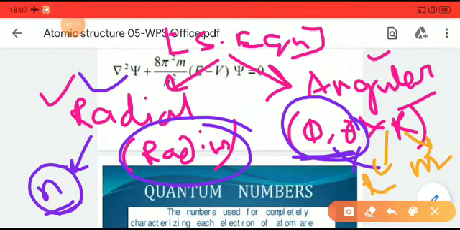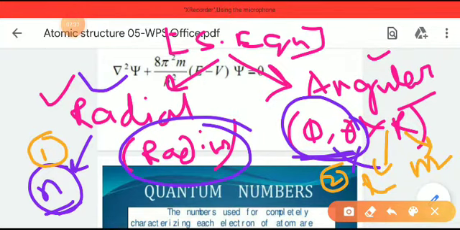The equation is divided into two subparts, the radial part and the angular part. From the radial part, n is derived. From the angular part, l and the magnetic quantum number m, the third quantum number, are derived. The spin quantum number, the fourth one, is not derived from the Schrodinger equation.